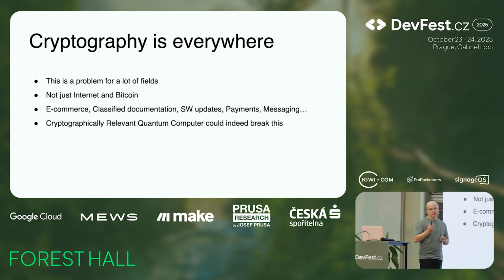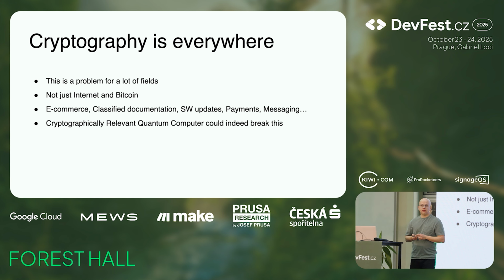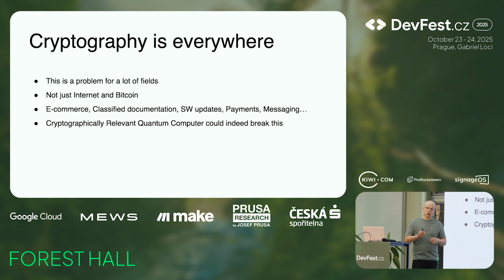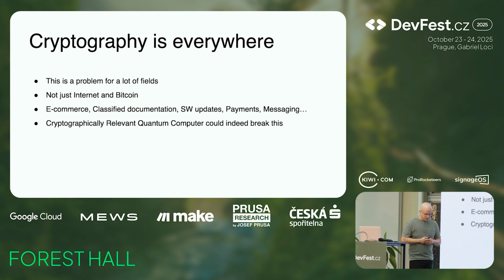And that's basically the scary thing: if someone had a so-called cryptographically relevant quantum computer, meaning a quantum computer strong enough, they could actually break this cryptography, right? So that's the basics of Shor's algorithm.